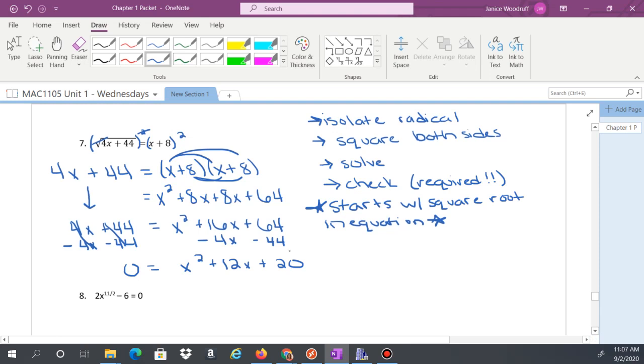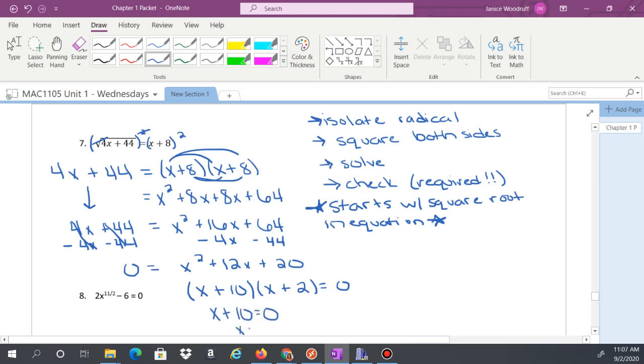So can I factor this guy? Yeah, this is going to be x plus 10 and 2. 10 times 2 is 20. 10 plus 2 is 12. Okay, then set them equal to 0 and solve. So you have x plus 10 equals 0.